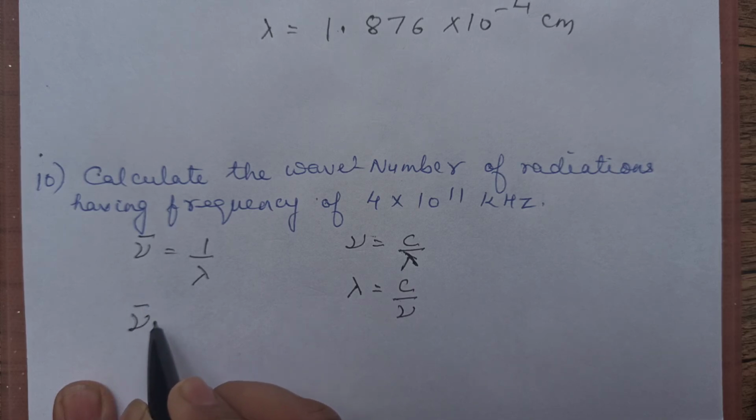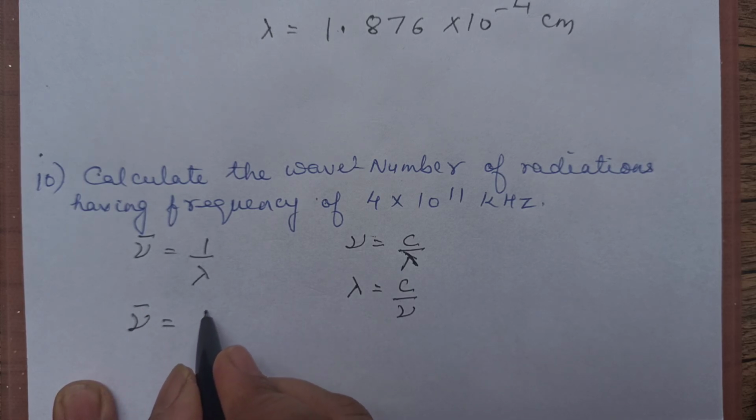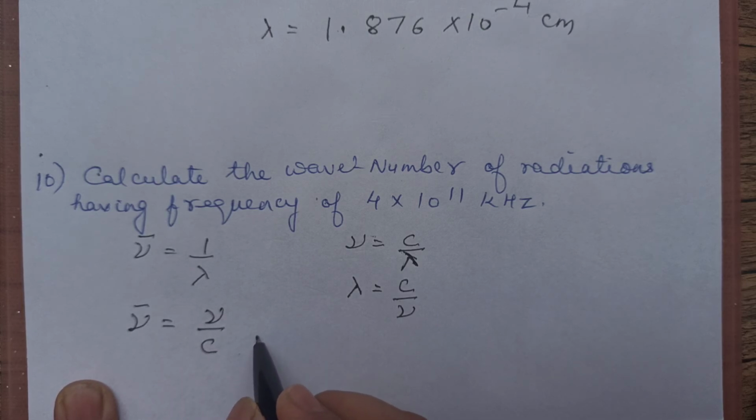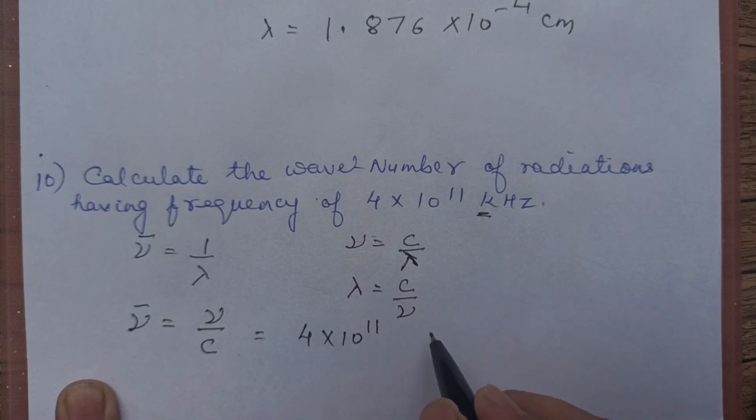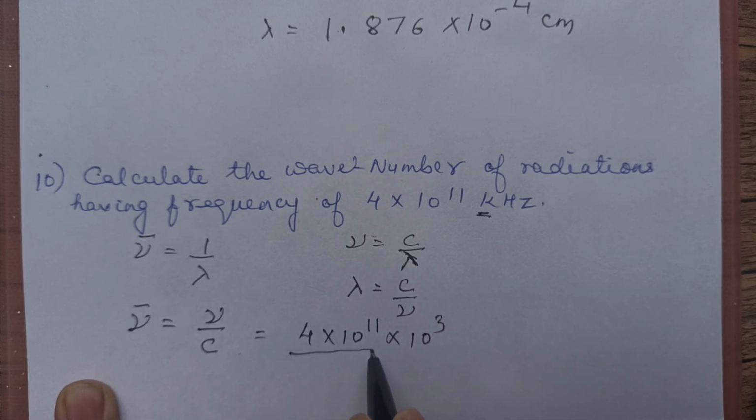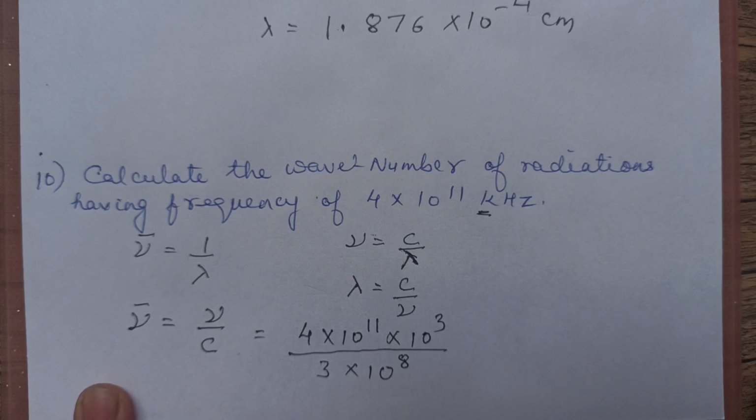What will be my wave number now? Wave number will be equal to 1 by this, that means it will be frequency divided by C. What is the frequency given in the question? 4 into 10 to the power 11 kilohertz. Kilohertz means into 10 to the power 3 also, divided by 3 into 10 to the power 8.